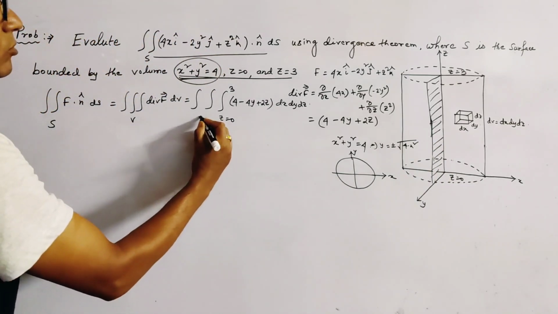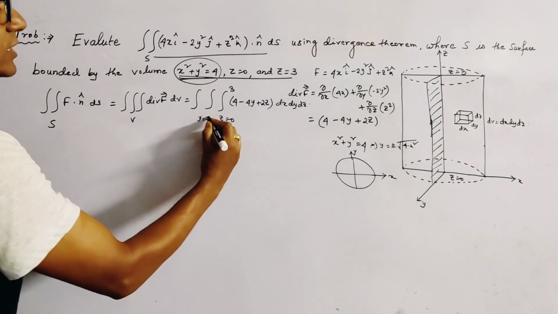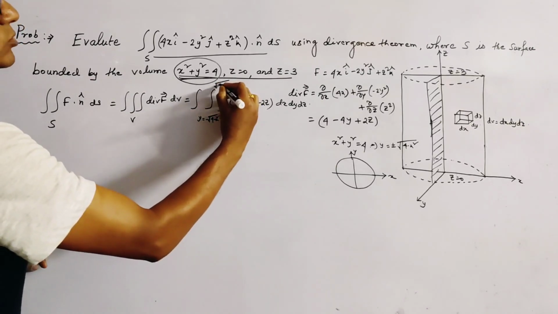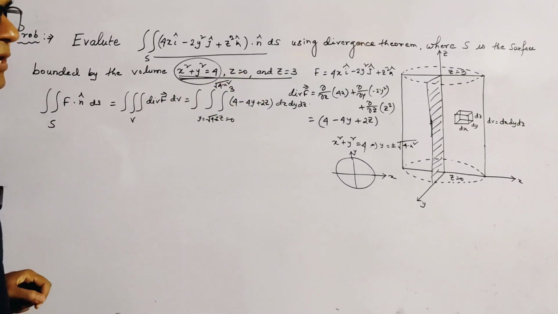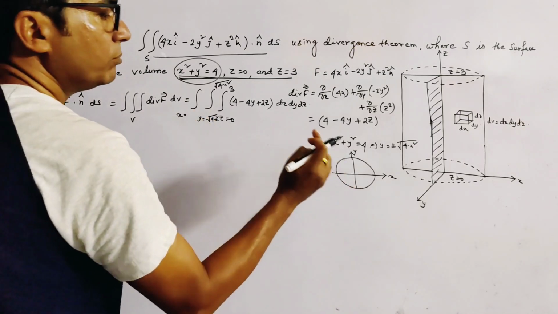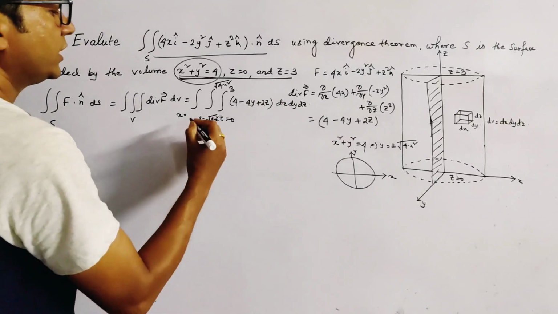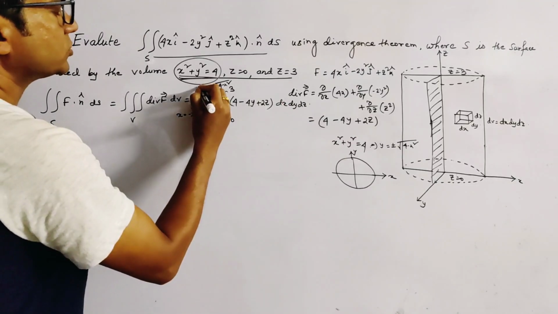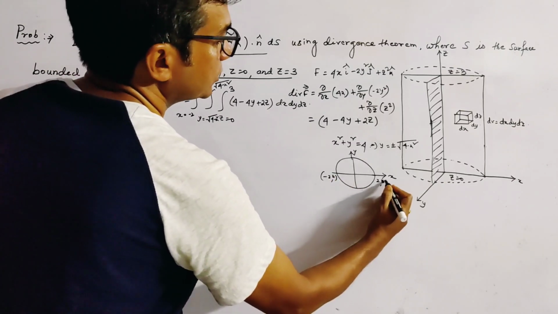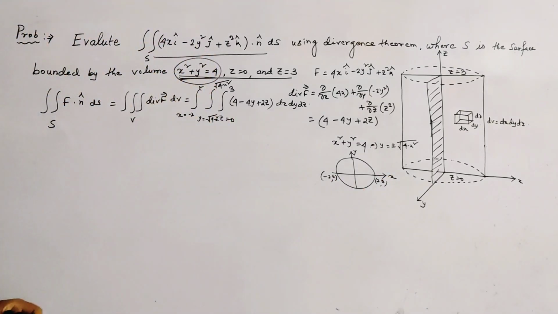So the range of y is minus root of 4 minus x² to plus root of 4 minus x². And the range of x is minus 2 to plus 2, clear? Because this is minus 2, 0 and this is 2, 0, and this is the complete range of the integration.